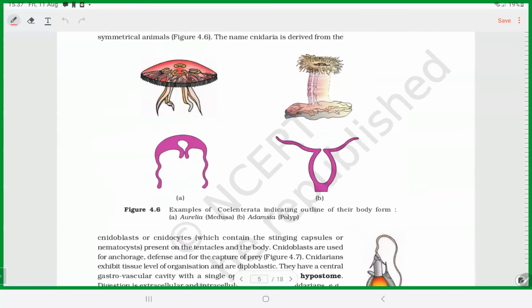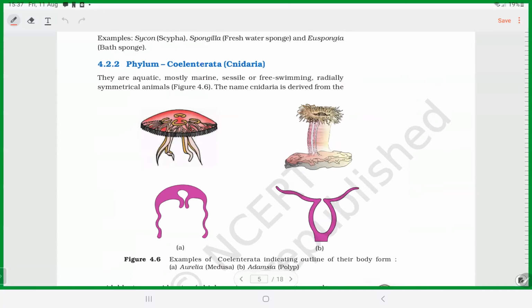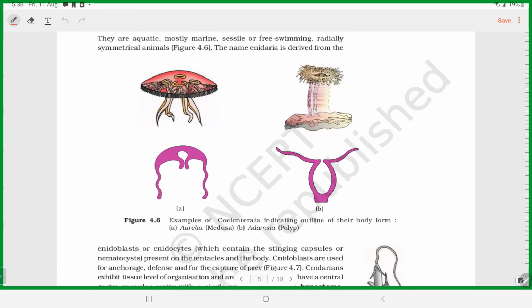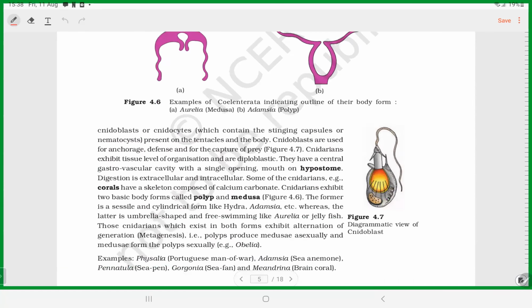And then we also studied Coelenterata, which earlier was known as Cnidaria. The general characters: they are present in the ocean, sometimes attached or free swimming. Sessile means attached, or free swimming, with radial symmetry. These are the basic general characters. And then the kinds of cells, cnidocytes, cnidoblasts, that we discussed.